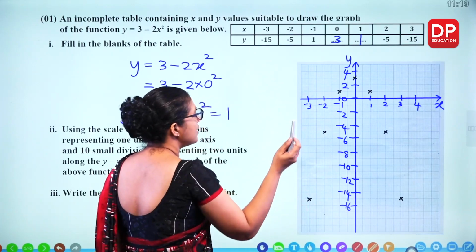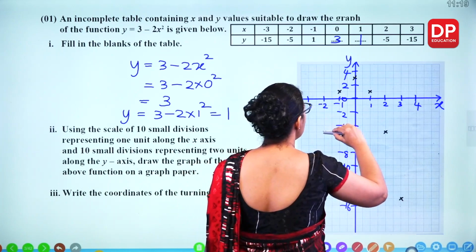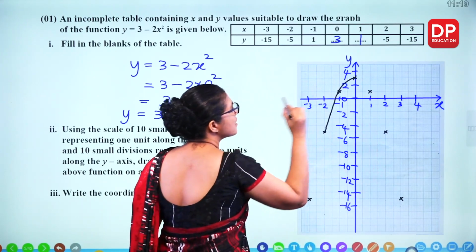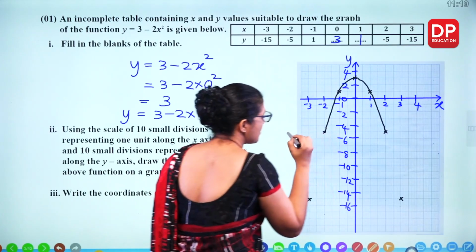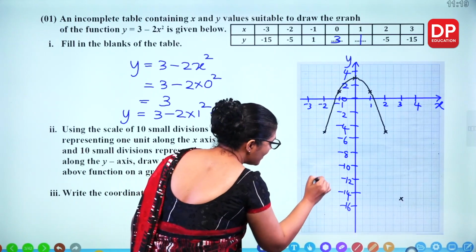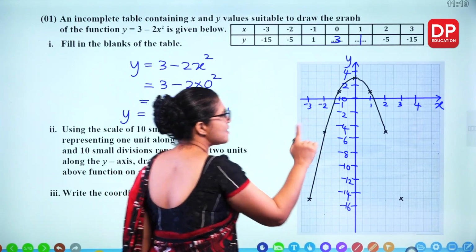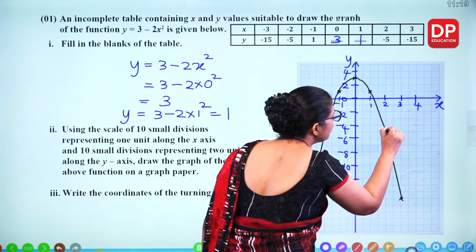Now you can smoothly connect. I'll draw from here to here. This part and then this part. Now I'm using the ruler only for this part just to connect, because sometimes it's not possible to draw smoothly.